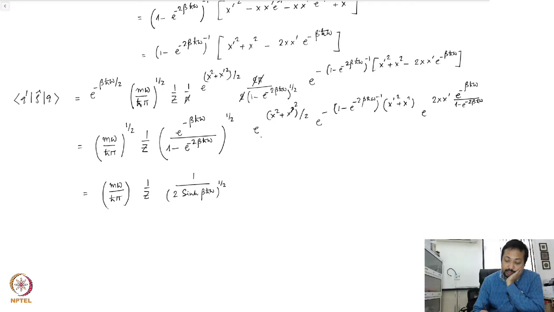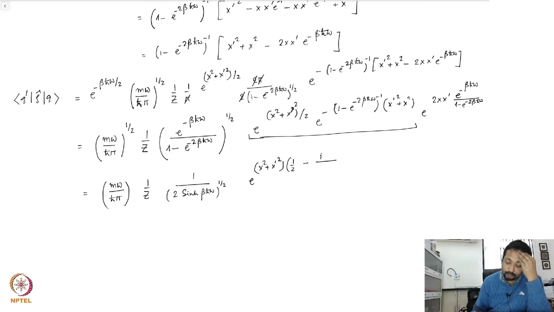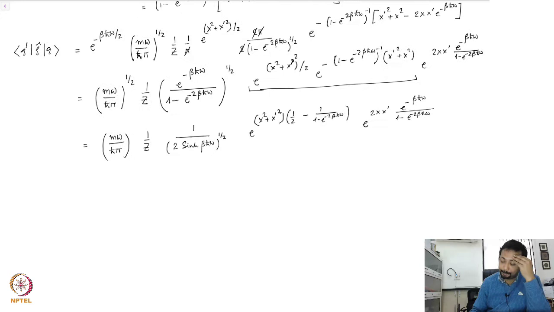And then let's first combine these two prefactors. Once you combine these two prefactors, I have e to the power (x square plus x prime square) times half minus 1 over (1 minus e to the power minus 2 beta h bar omega), and then I have 2x prime e to the power minus beta h bar omega over (1 minus e to the power minus 2 beta h bar omega).